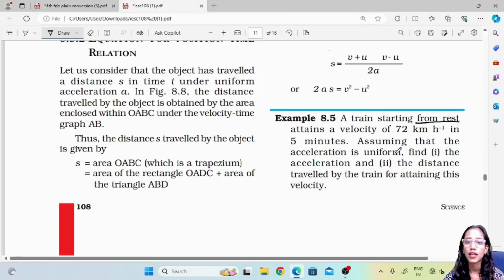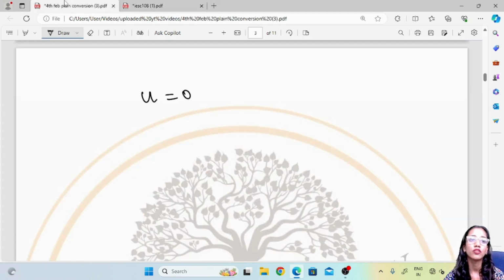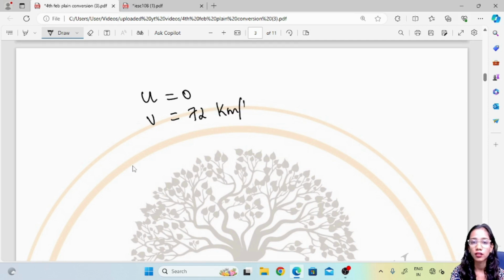Then second information, it attains a velocity of 72 kilometers per hour in 5 minutes. So the final velocity to be considered is 72 kilometers per hour in 5 minutes. So v is 72 kilometers per hour and time is 5 minutes.